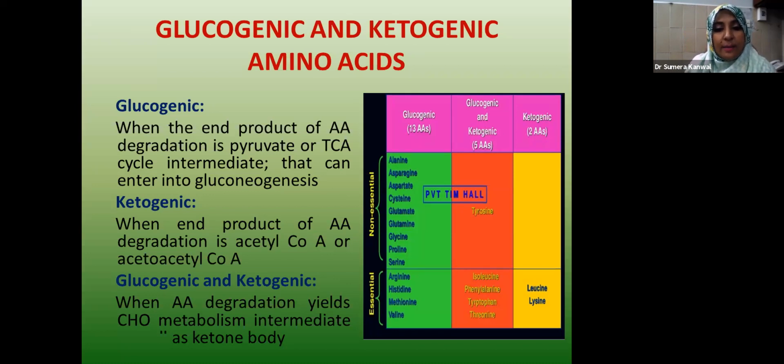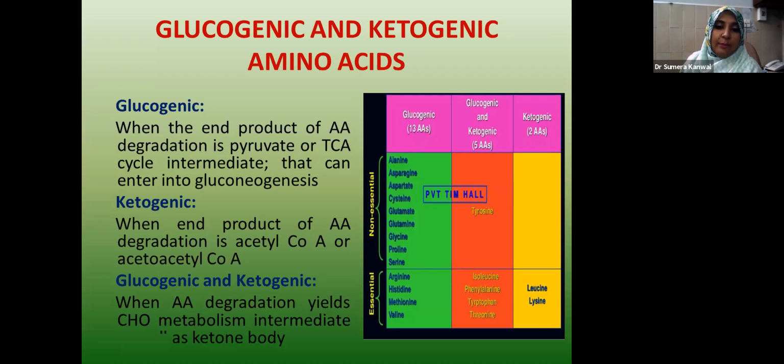Out of these 13 amino acids, 9 are non-essential and 4 are essential amino acids, in which arginine is a semi-essential amino acid. This arginine is sometimes placed in the essential category and sometimes in the non-essential category. Arginine is a semi-essential amino acid and the rest of the three, histidine, methionine and valine, are essential amino acids.